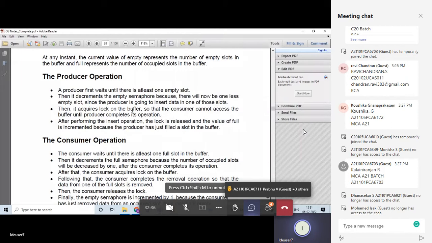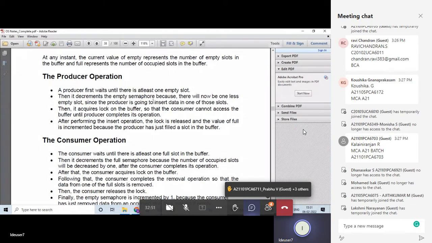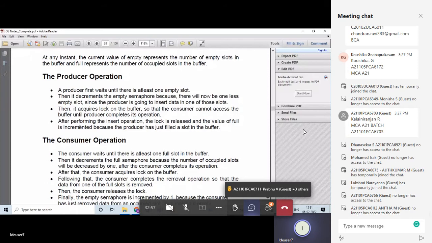Then it acquires the lock on the buffer, so that the consumer cannot access the buffer until the producer completes its operation. It first waits for the empty slot, then decrements the empty semaphore, and then acquires the lock on the buffer so that the consumer cannot access it.